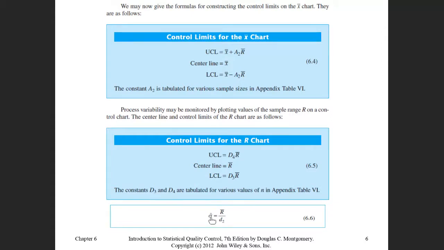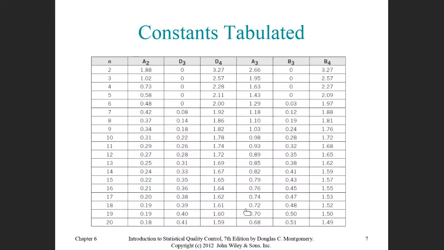Standard deviation with a hat means it's an estimate because we have samples. When we have the samples collected for the control charts, we can calculate the standard deviation by dividing R bar, the mean of the range or the average of the range, by D2. Again, all these constants can be found from the table here.